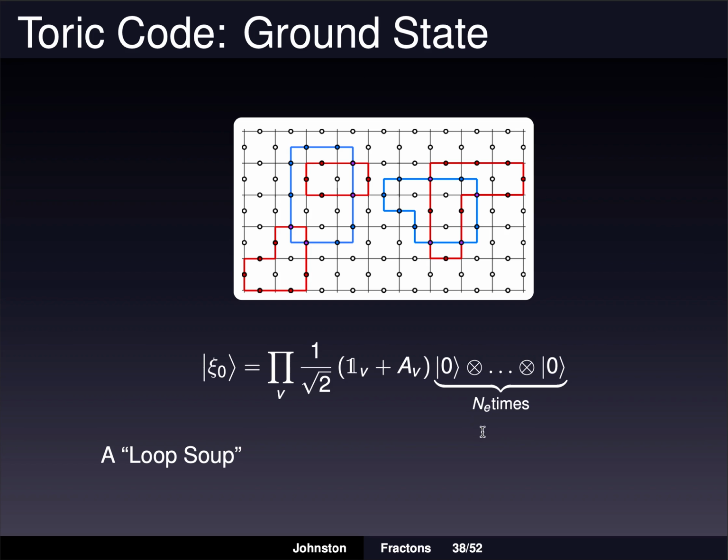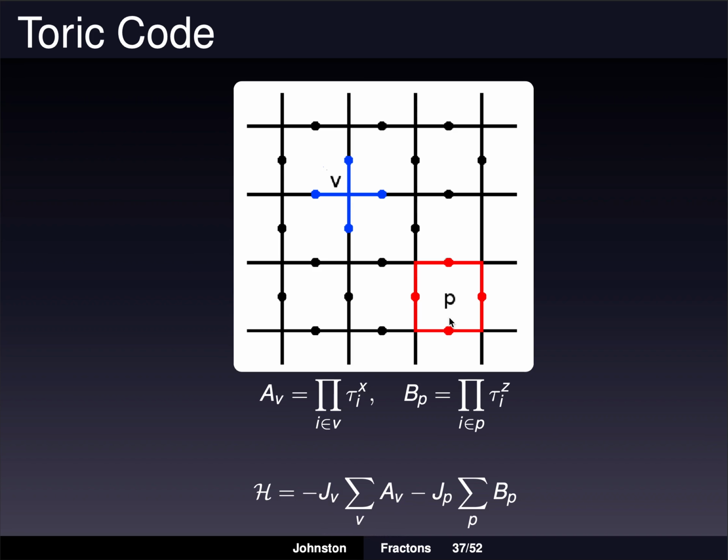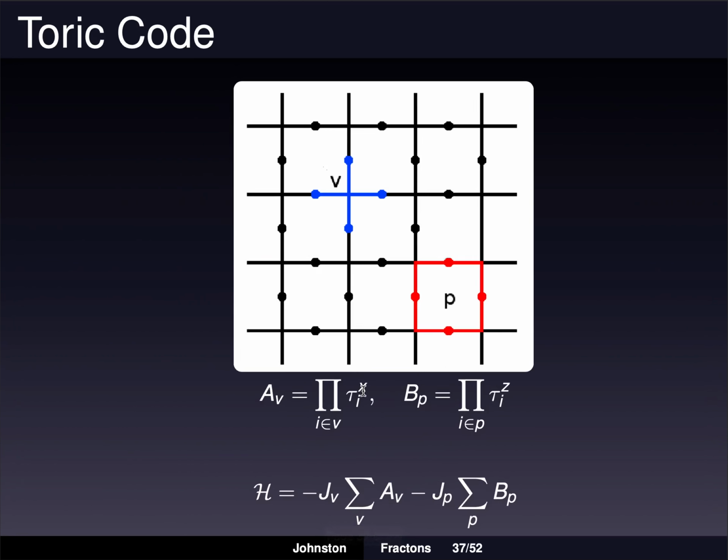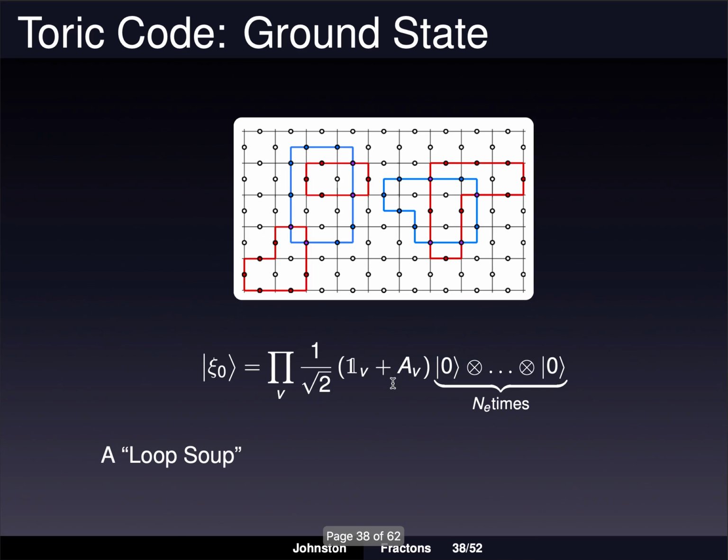The ground state, or a ground state of the model, is given by this loop soup. So if I take the plaquette as my favoured term in the Hamiltonian, these zero terms will be the ground states of the plaquette terms. But I also have a vertex term, the blue term, coming from the tau x variables here.